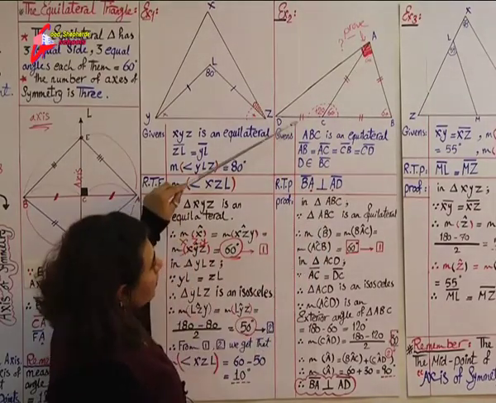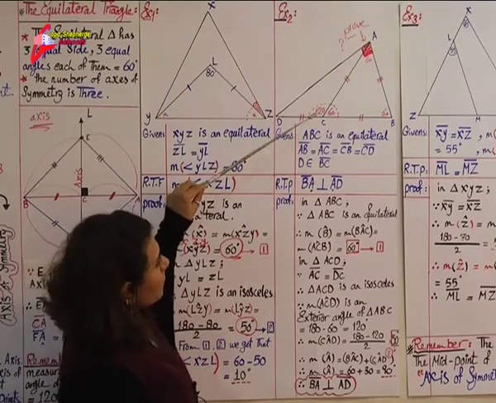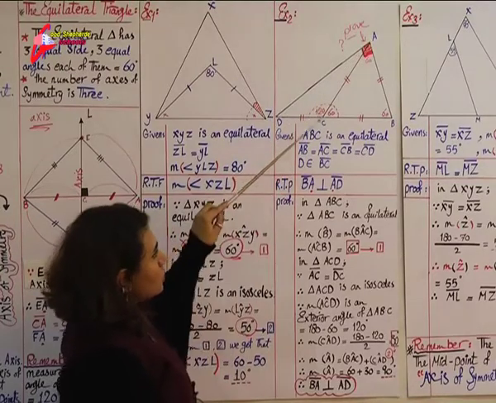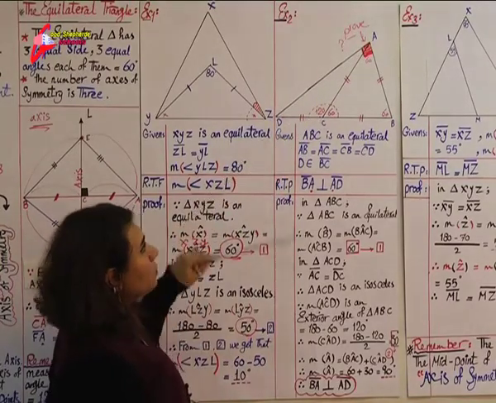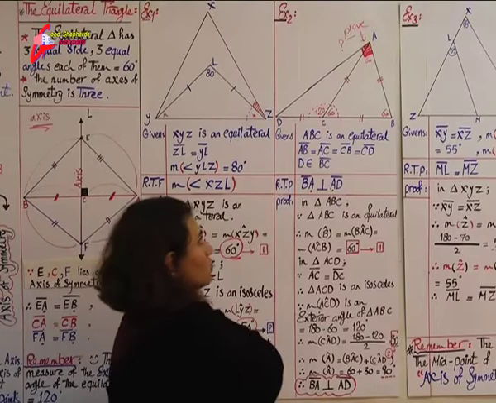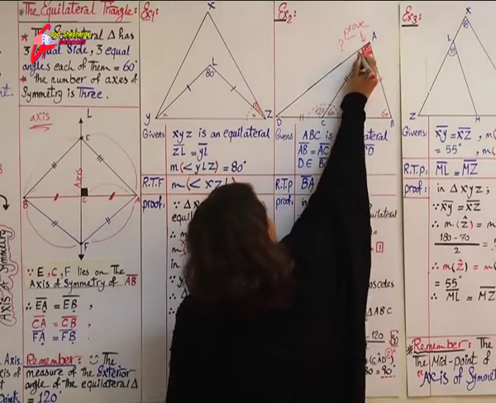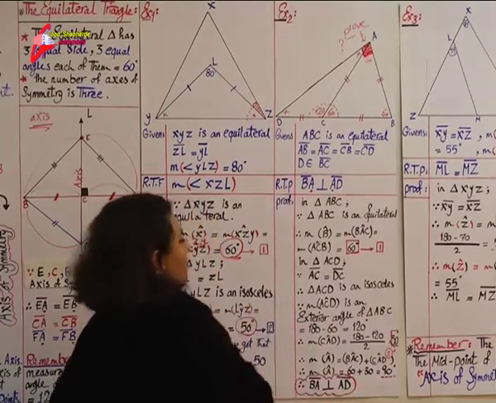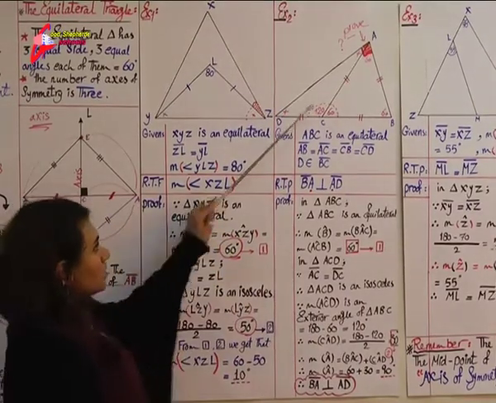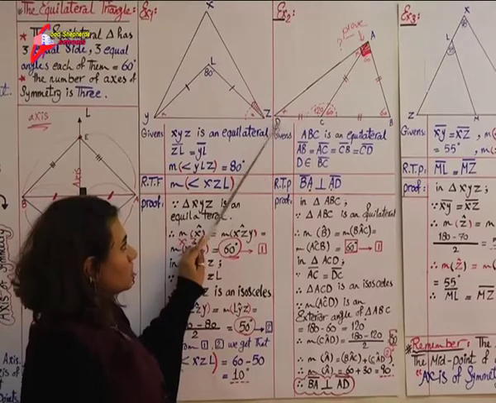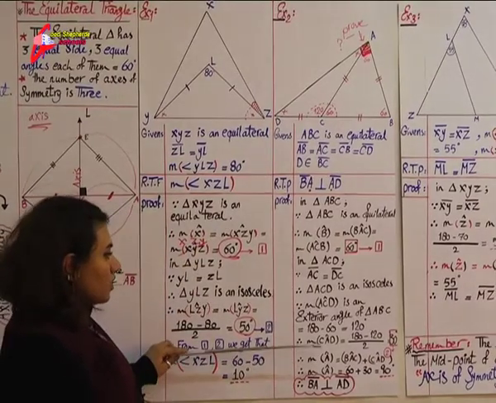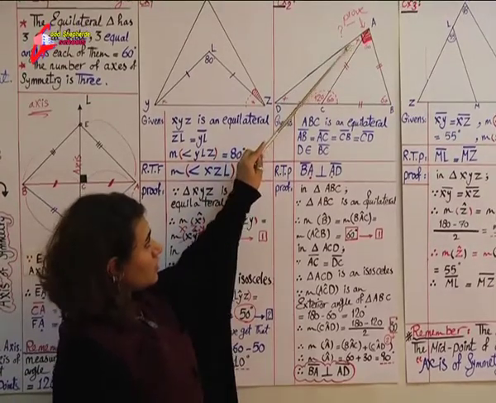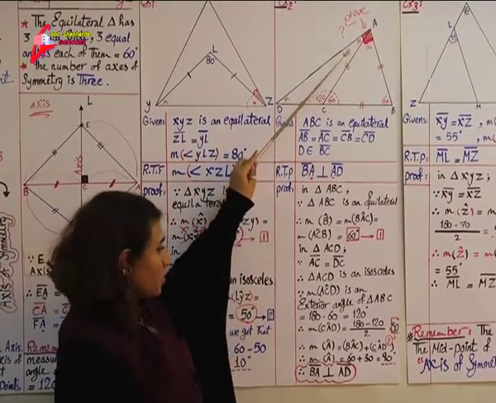Do you notice that here DC and AC are equal in length? When the two sides here are equal, the two base angles will be equal also. This angle and this angle will be equal in measure. If the two sides AC equal DC, then the measure of angle A includes this 60 and the other part, which you can find.